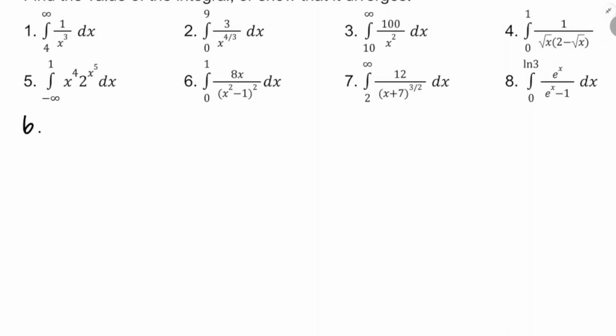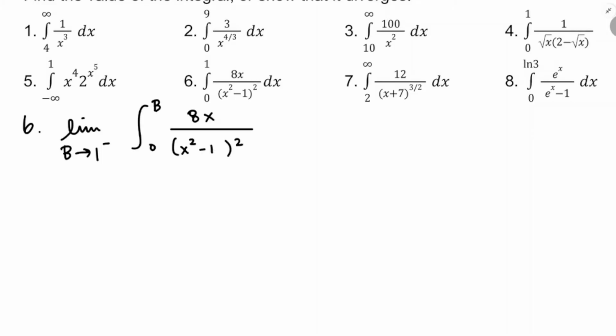So it's going to be the limit as b approaches 1 from below of the integral from 0 to b, 8x over x squared minus 1 squared. Once again, use substitution. So I'm thinking u equals x squared minus 1, then du will be 2x, and we can work with that 8x.